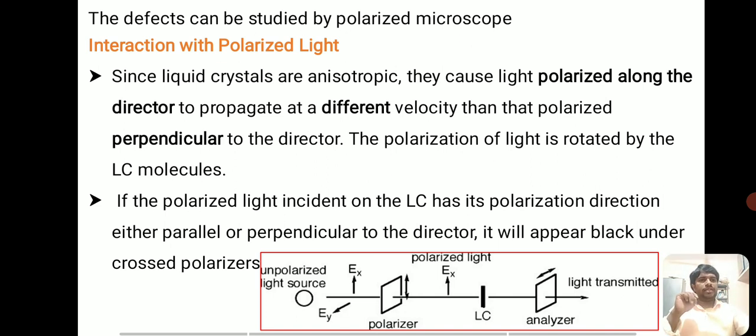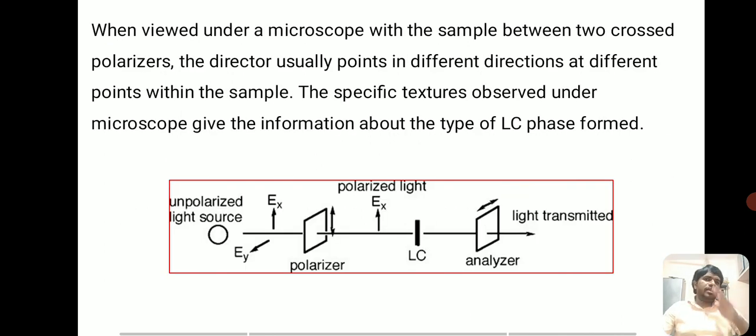You can observe here, when viewed under a microscope with the sample between two crossed polarizers, the director usually points in different directions at different points within the sample. The specific texture observed under the microscope gives information about the type of liquid crystal phase formed.